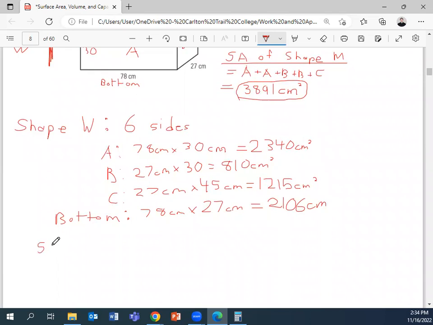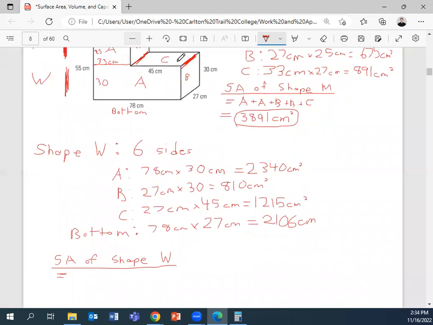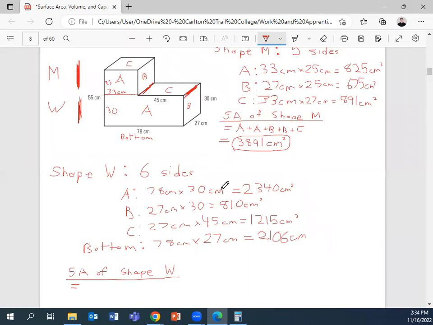So for the surface area, SA, of shape W, what am I going to add together here? 2 A's, 2 B's, and C in the bottom.